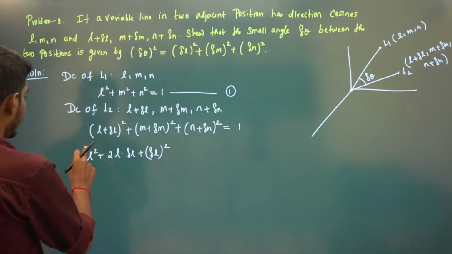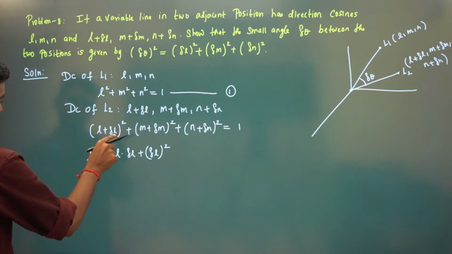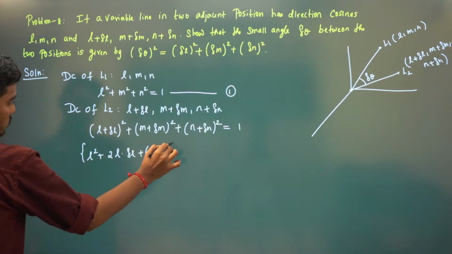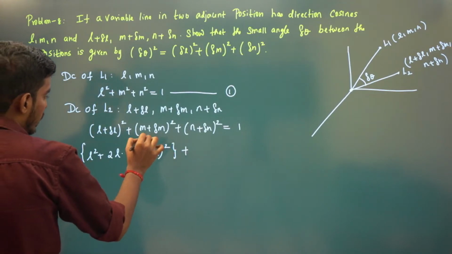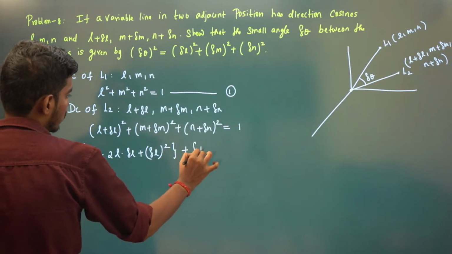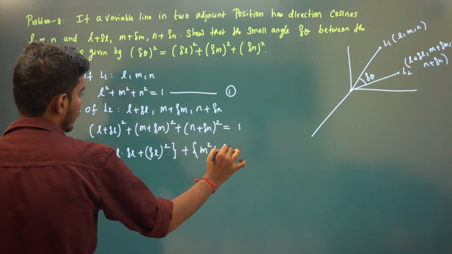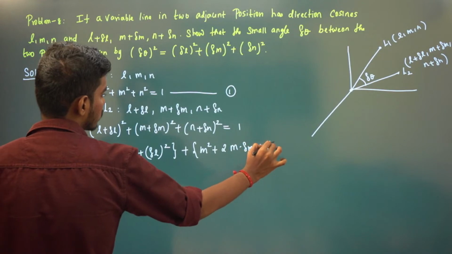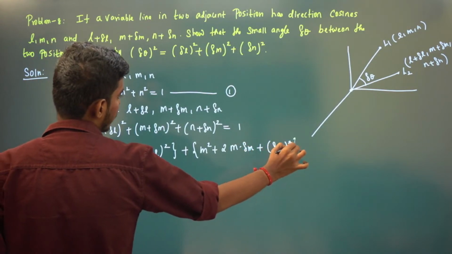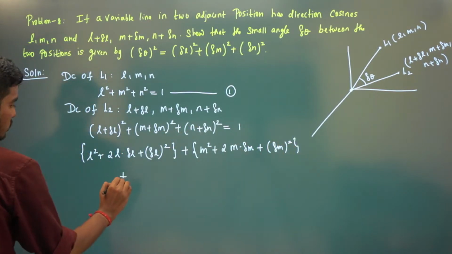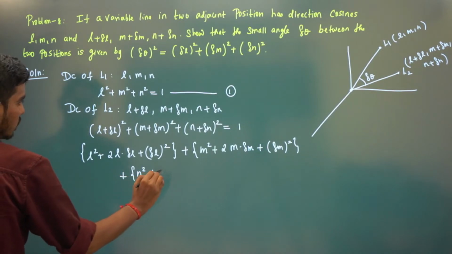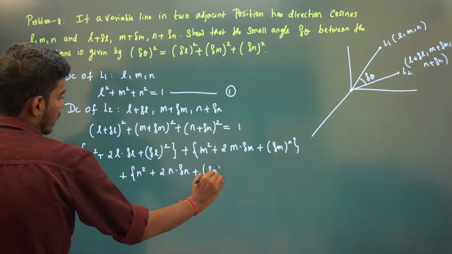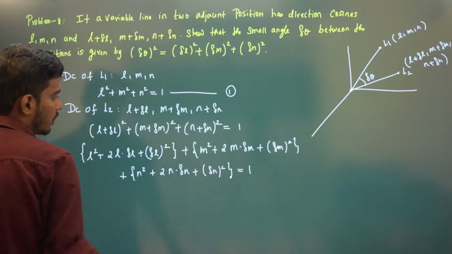So L square plus 2 times L del L plus del L whole square, plus again M square plus 2 times M into del M plus del M whole square, plus again N square plus 2 times N into del N plus del N whole square is equal to 1.